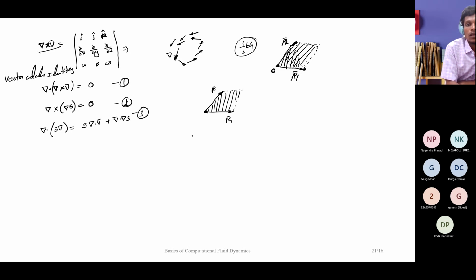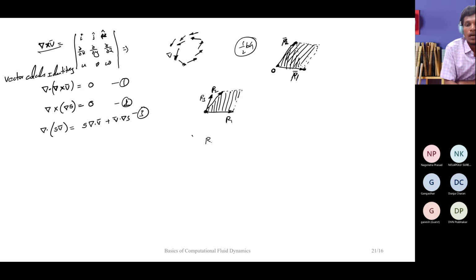R1, R2. Then if you multiply with some other vector in this direction, multiplying means now you need to do the dot product. Say R3. Now R3 dot R1 cross R2 will give you the volume occupied by this kind of parallelepiped.